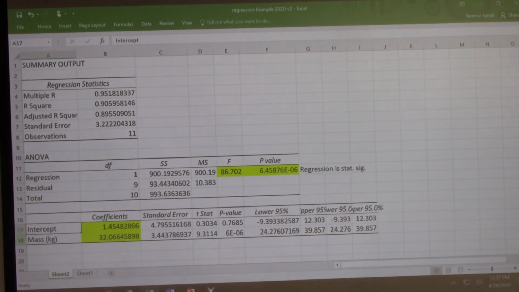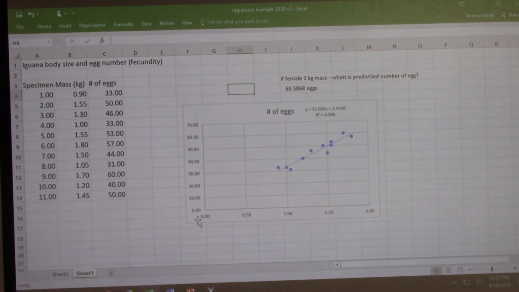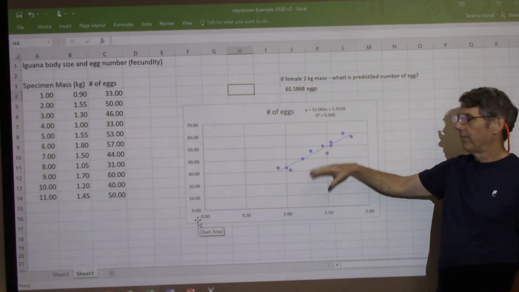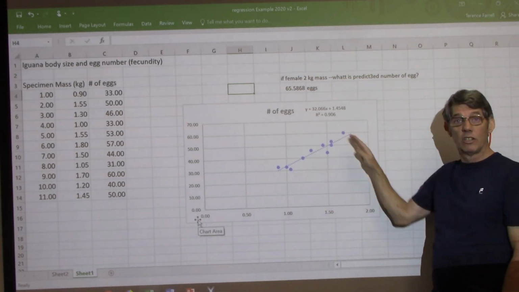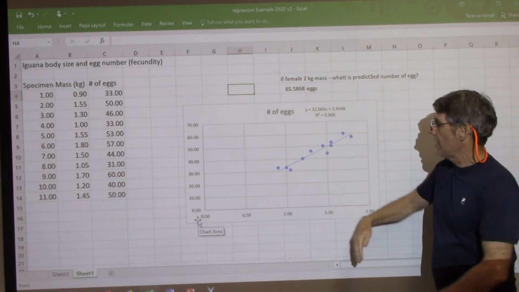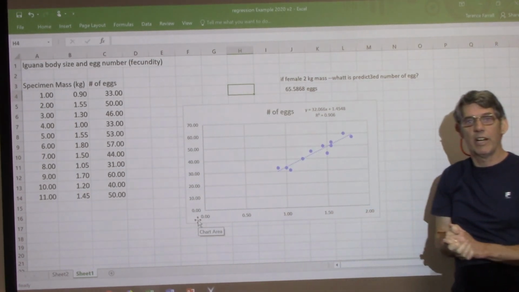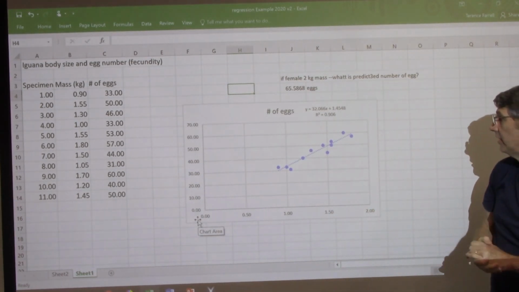Generally speaking, when you do a linear regression, you want to start by making a graph, just to make sure your data look linear. If these data had big curvature, you wouldn't want to do linear regression because it's not linear data.